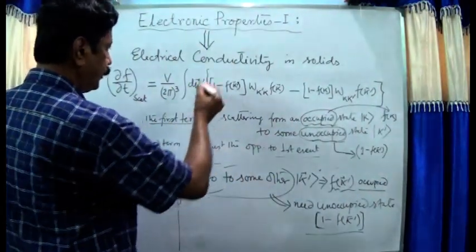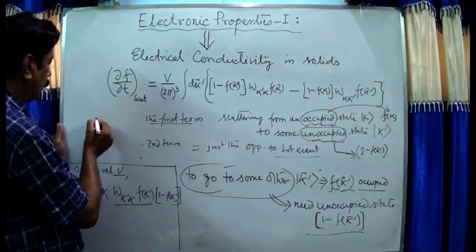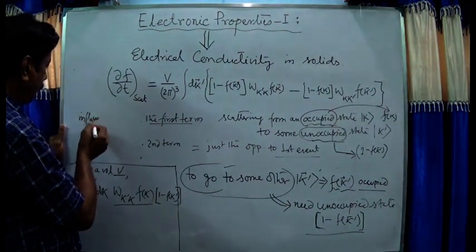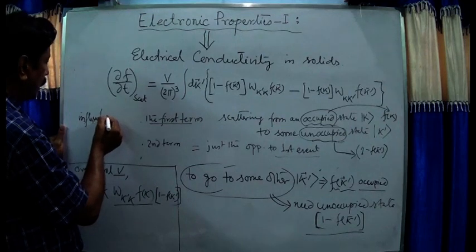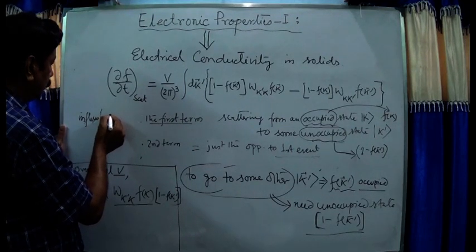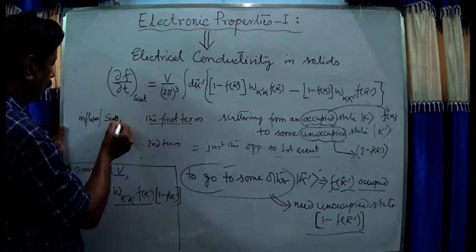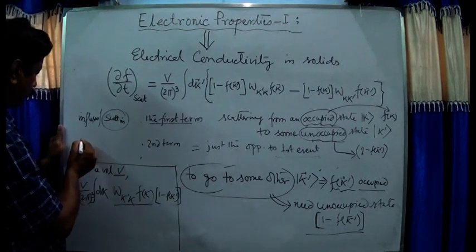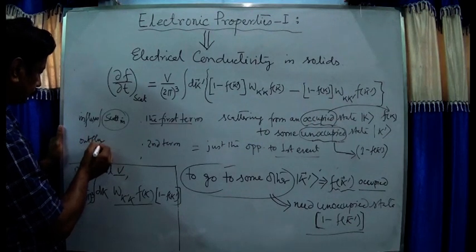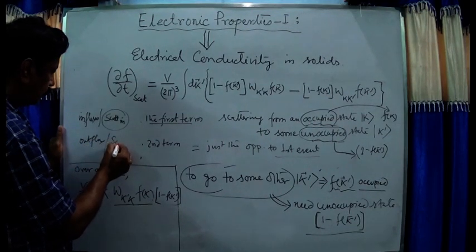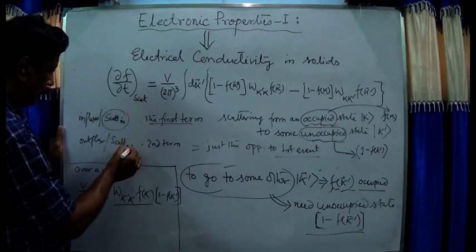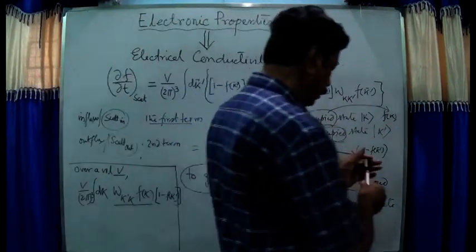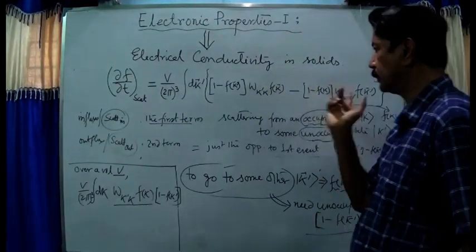This first term is called the influx term, or scattering in, and this is your outflux or scattering out, right?